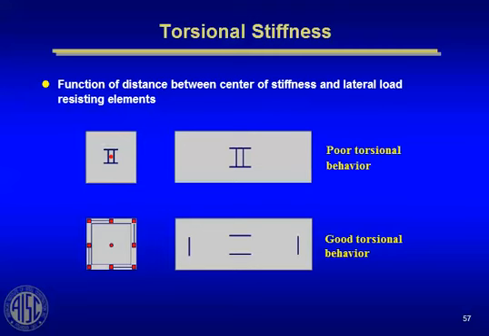You want the bottom two cases, not the top two cases. Earthquake damage has indicated that if you design buildings like the top two cases, you're going to get a lot of torsional rotation during the earthquake and probably a lot of damage. So you want to end up with good distribution of lateral load resistance. Again, if that torsional mode is the first mode, you are probably in the first two cases, not those bottom two cases.